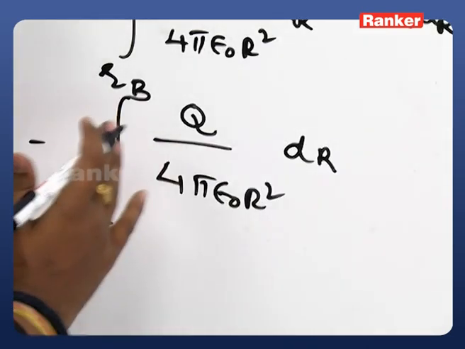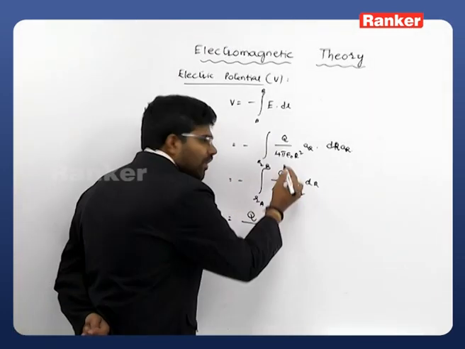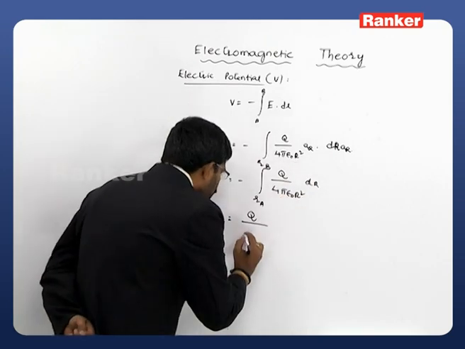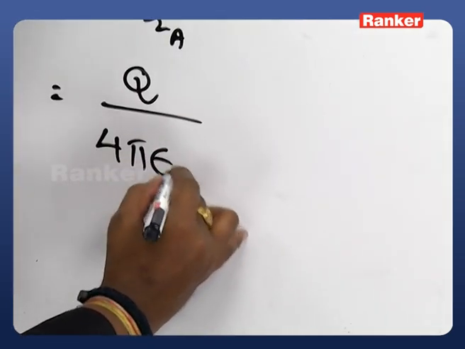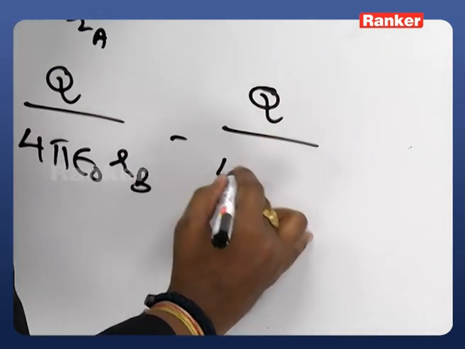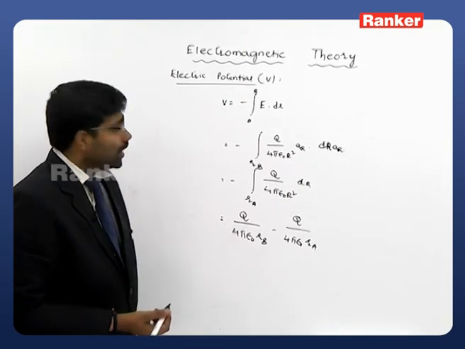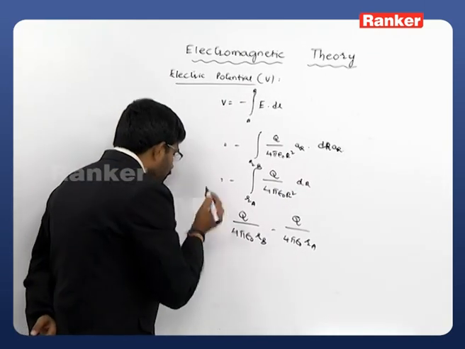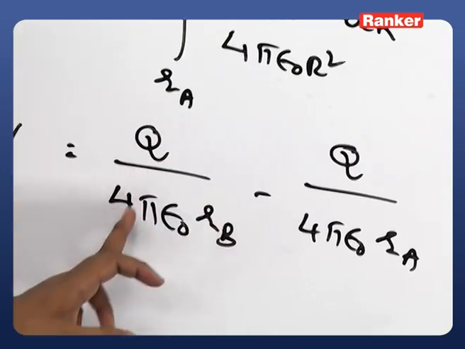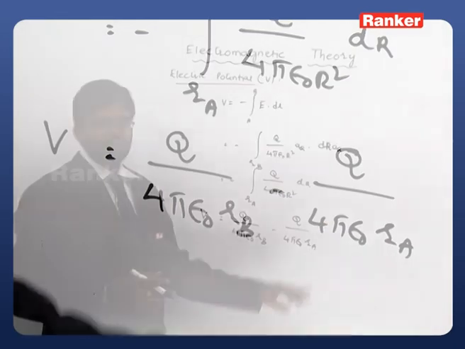After integrating this, it's a very simple integration of 1 by R square dr, we get Q by 4 pi epsilon naught RB minus Q by 4 pi epsilon naught RA. So V, the electric potential, is equal to Q by 4 pi epsilon naught RB minus Q by 4 pi epsilon naught RA.